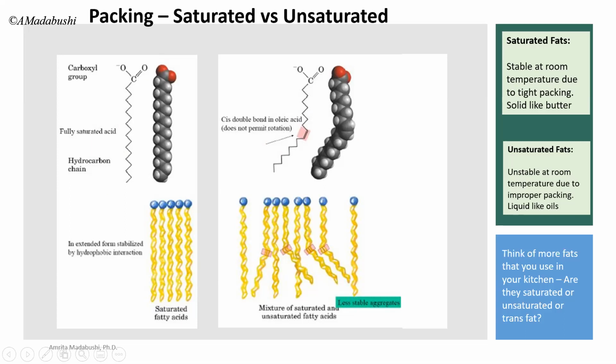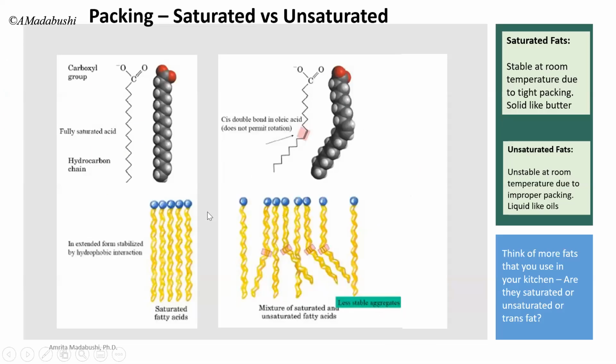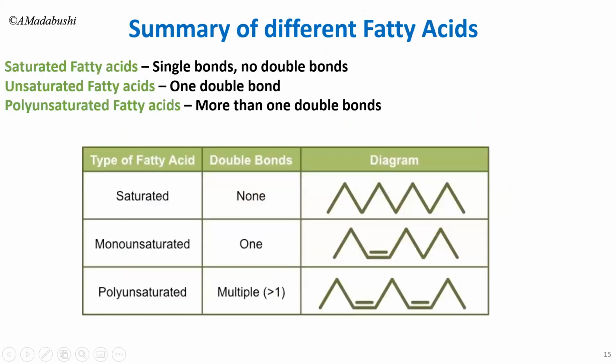Okay, so any questions when we talk about saturated or unsaturated? And I think I didn't say polyunsaturated is many double bonds. So all fats don't have to be bad. I know there are some terms in here like trans and PUFA and MUFA, and we're going to go over that. If you think of saturated fatty acid, no double bonds.